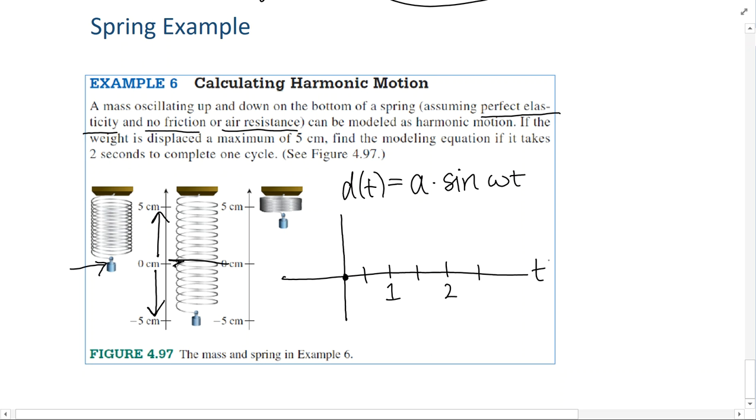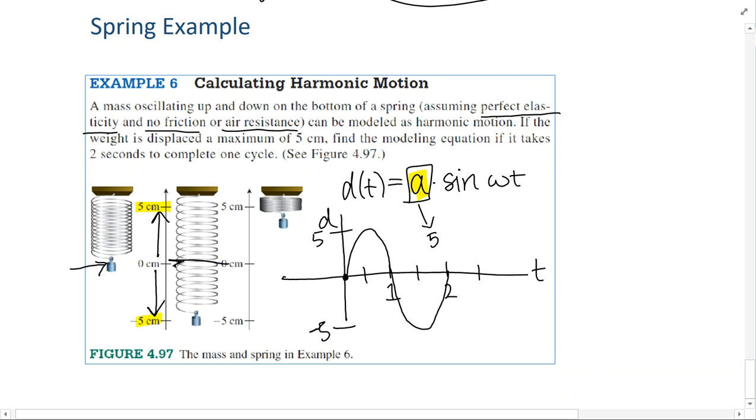This is time, this is distance. One full cycle is going to look like this, one period of sine. Our amplitude here is going to be 5, because we're going up and down between 5 and -5, and then back up and down. So this is 5.